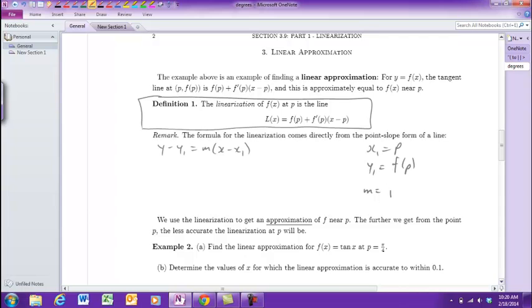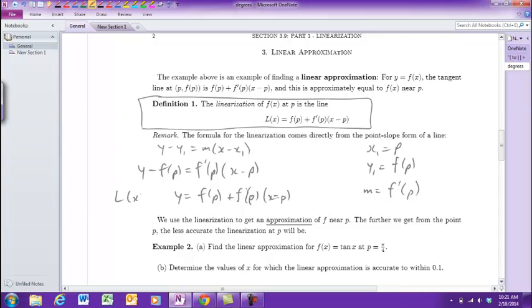And then our slope m is the derivative f prime, and then you plug in the point p. So if I put all these in here, in place of y1 I get f of p, m is going to be f prime of p, and then x minus p, and then I add the f of p over to the other side, I get y equals f of p plus f prime of p times x minus p, and that's the same thing that I have here.